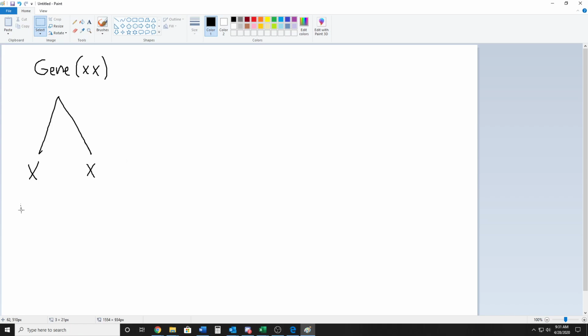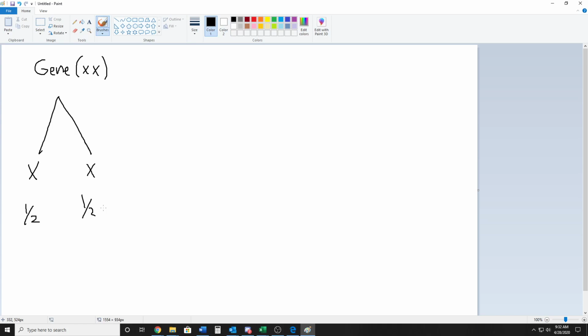All we have to do is take 1/2 and multiply it by 1/2. There's a 1/2 chance for either of these specific alleles to be passed down to offspring, and so we can calculate the probability by multiplying those 2 together to figure out which combination we would get.